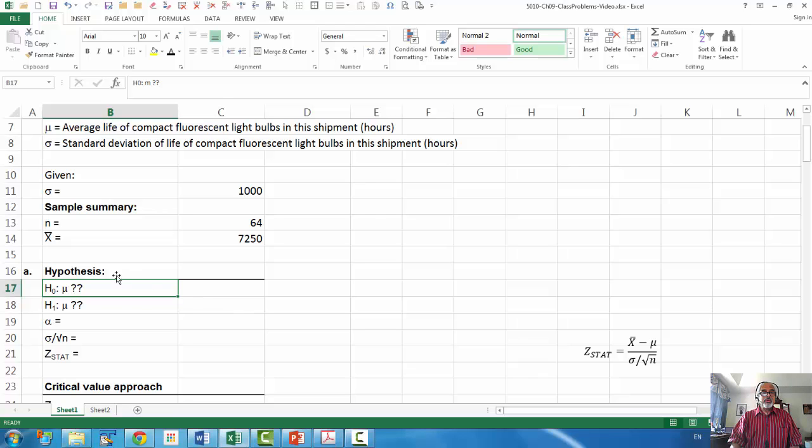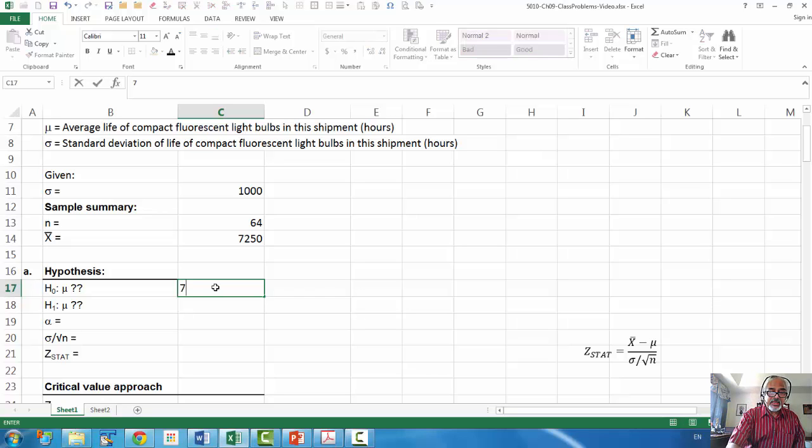Now I want you to put the hypothesis in this fashion, and you have to do it this way. If you don't do it this way, you are liable to get points deducted. The hypothesized value for mean should be entered in a separate individual cell because we need that value for computations later on.